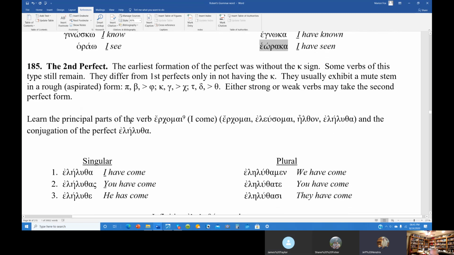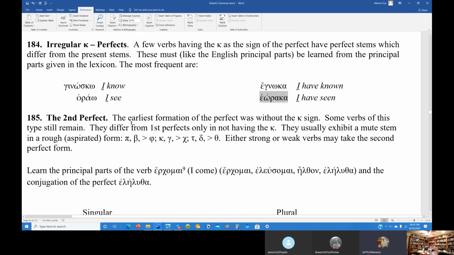Now, second perfect. The earliest formation was without the kappa sign, he tells us. There are a few verbs that remain that have that, but the kappa sign came in pretty heavy. They differ from the first perfects only in not having the kappa. That's the only difference. And here are your rules for it.